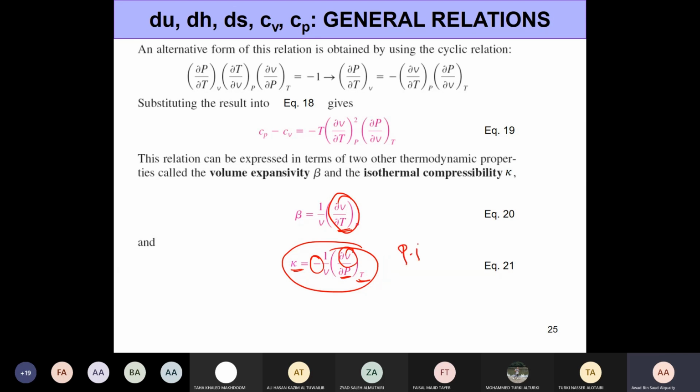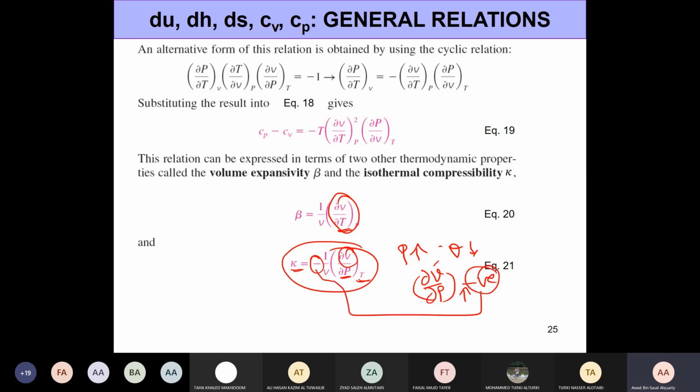If you keep increasing the pressure, if you keep pressurizing it, we know from experience that the specific volume is going to decrease. I mean, it's going to become more dense, right? So this ratio dou V by dou P, the change in specific volume with respect to change in pressure, is going to be negative because as you increase pressure, the specific volume goes down. So as dP is positive, the top is negative. So this value is negative.